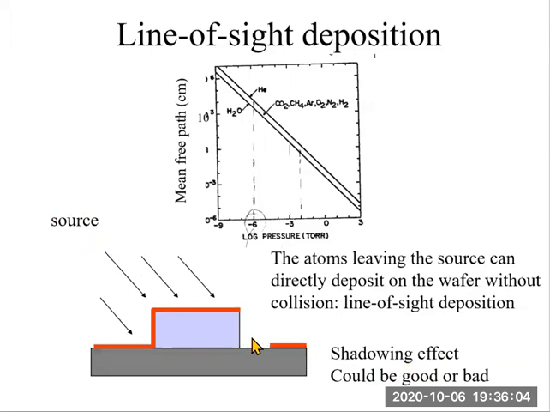Then there will be no deposition, no evaporation, due to this line of sight deposition. So this is a very important feature of thermal evaporation. This effect could be good or could be bad. For the good, we mentioned that this is desirable for the lift-off process. So for lift-off, we will choose thermal evaporation.